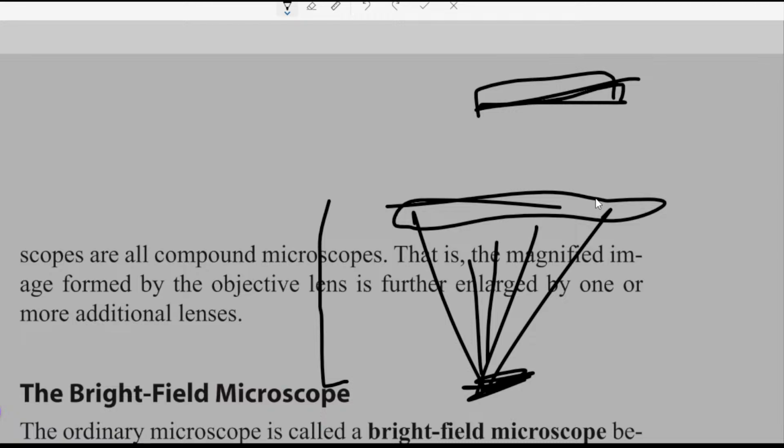It changes all of this light and it only goes here, like this much. This is how it works, and the lenses just focus it more on the object. So this is how the condenser works.